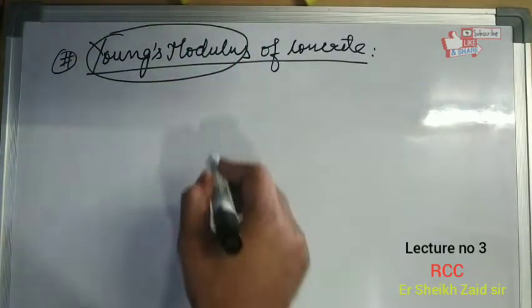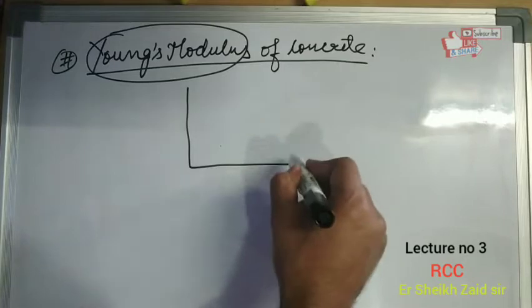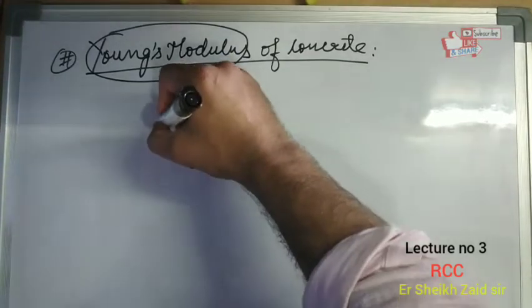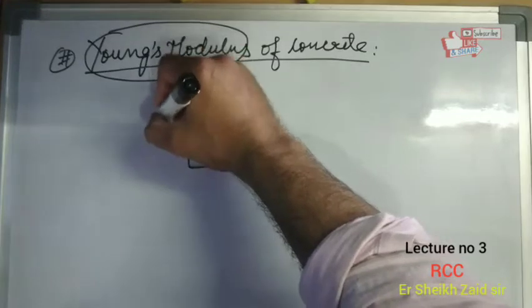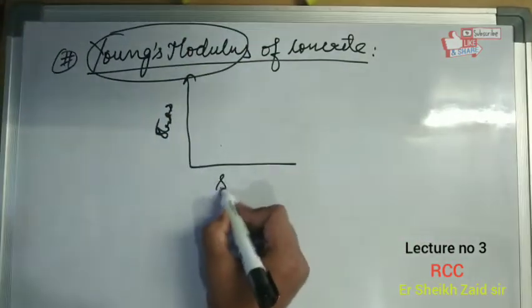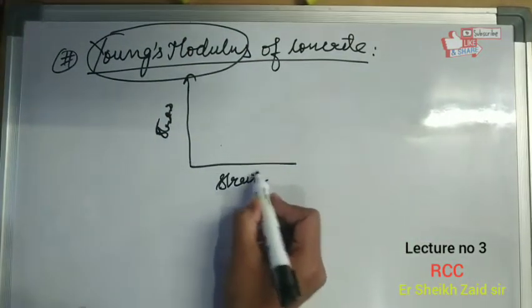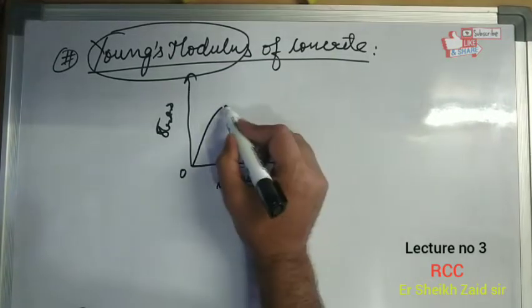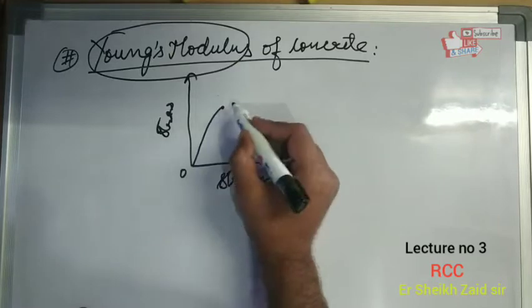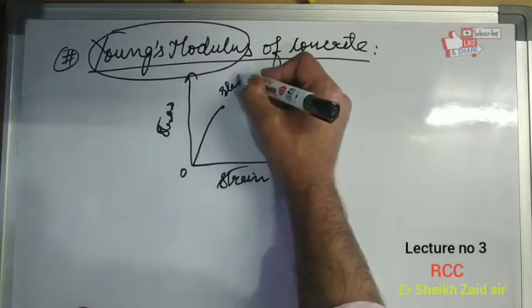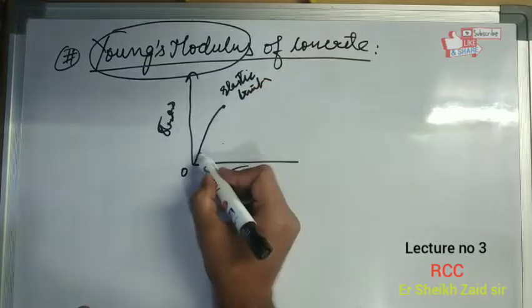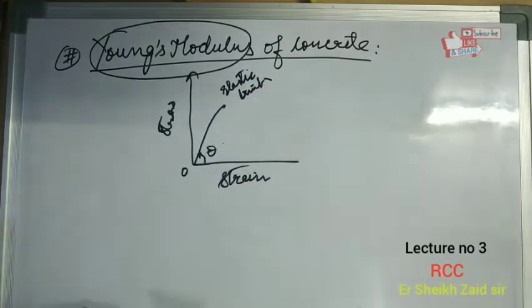To understand this, if we simply draw a stress strain curve of any material, if this is stress and this is strain, and up to elastic limit, for example this is point O, and let this be the elastic limit point. This may be some angle theta.